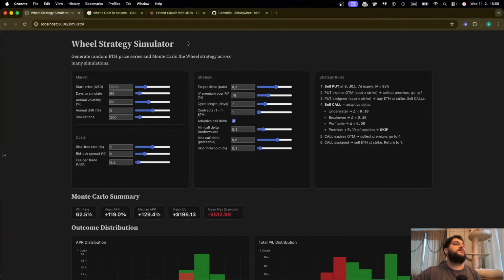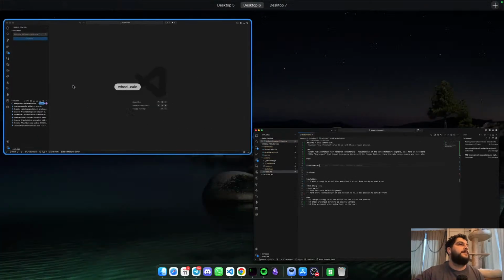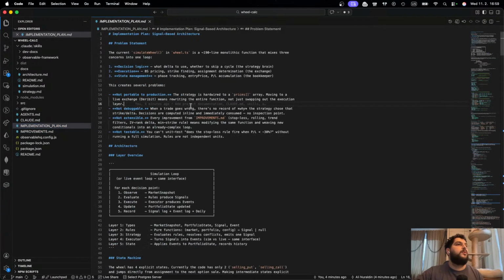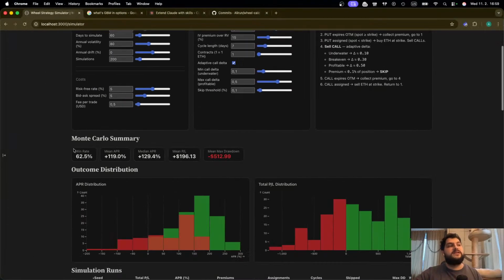We will start implementation. We will first start with the refactoring of what we have already, so we are not late to refactoring later. So it's easier now to do it, and then it will survive the improvements. Also, it will have better visualization and so on, and then we will start working on these improvements, which are basically the improvements for the strategy, which should increase our win rate and mean APR and so on.